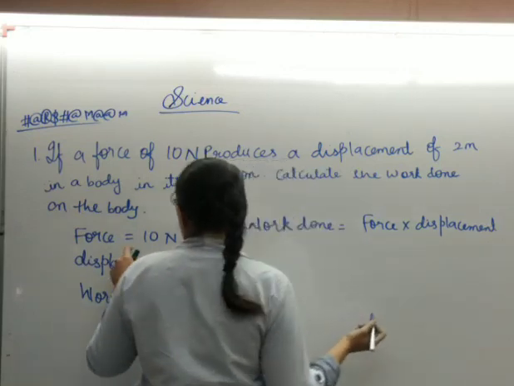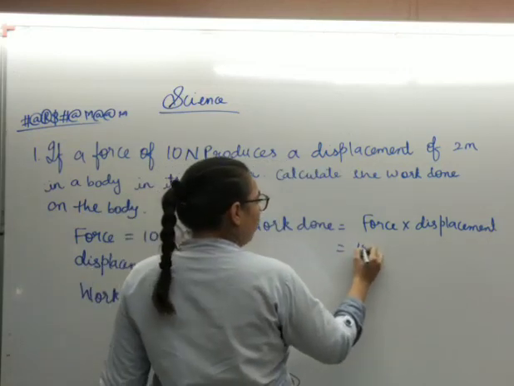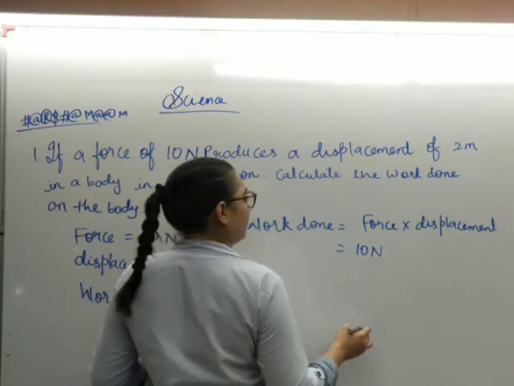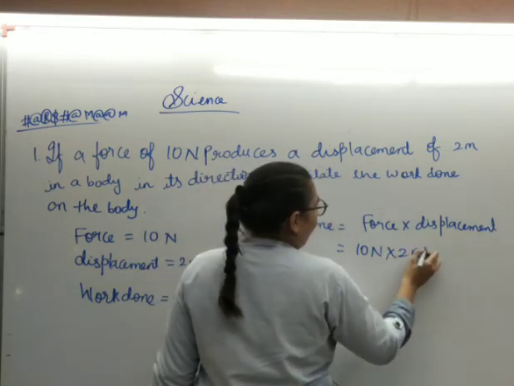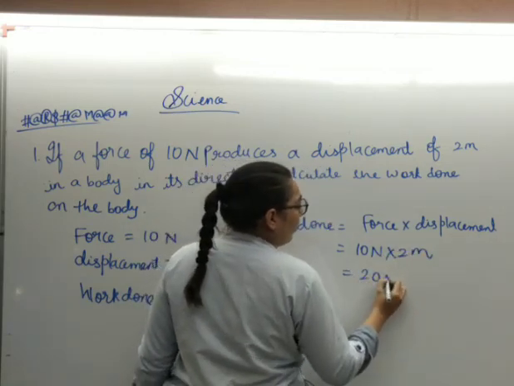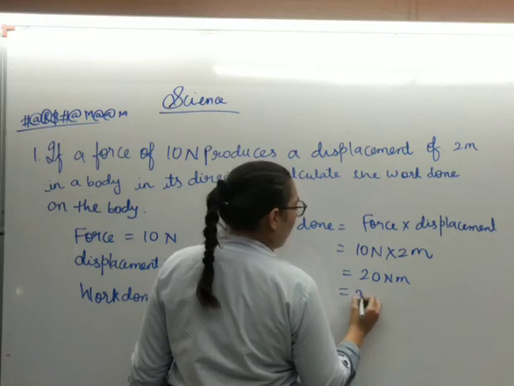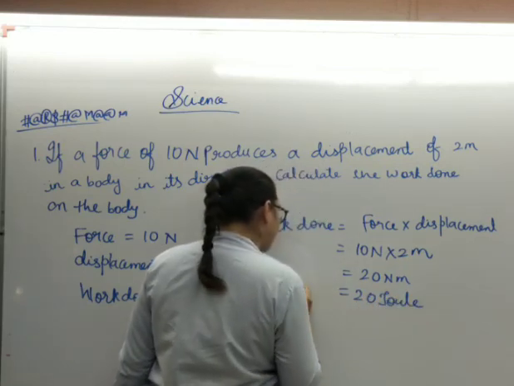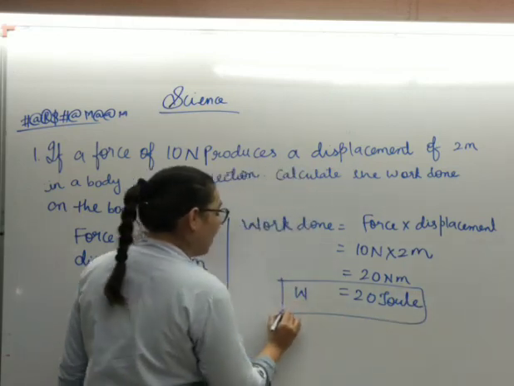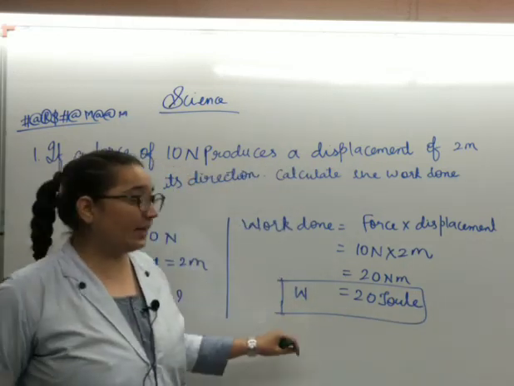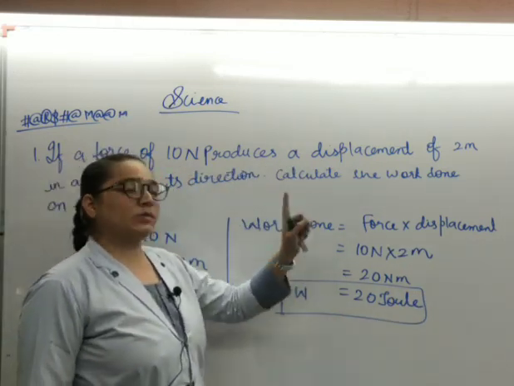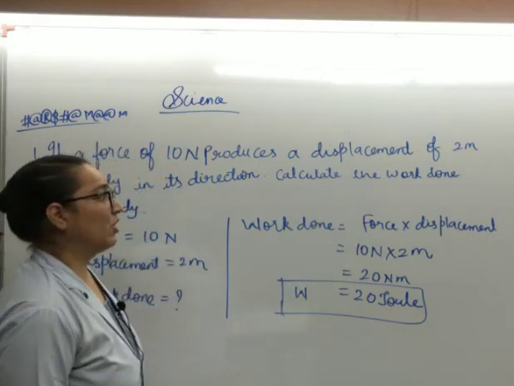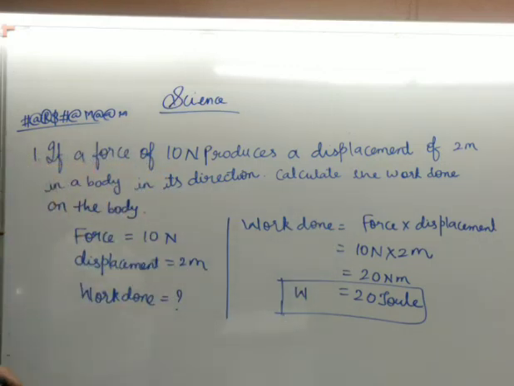Force is 10 Newton, displacement is 2 meter. What is 10 twos? 20 Newton meter or 20 joule. That much is the work done. Formula is very easy and very clear. Work is force into displacement. Note down the very first numerical, then we'll move further. Be quick in noting.